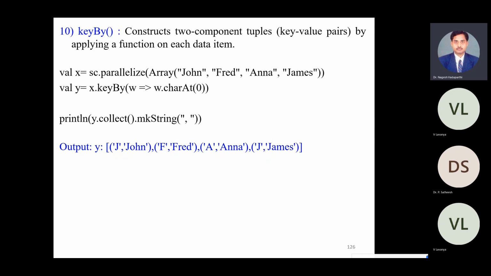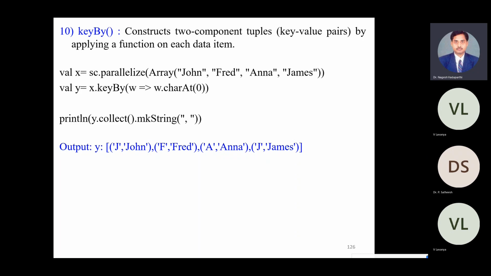This is the input data set I have taken, and the output variable y is equal to x.keyBy. I'm applying the transformation function keyBy. I'm showing the output with w.charAt(0), which means the first position.